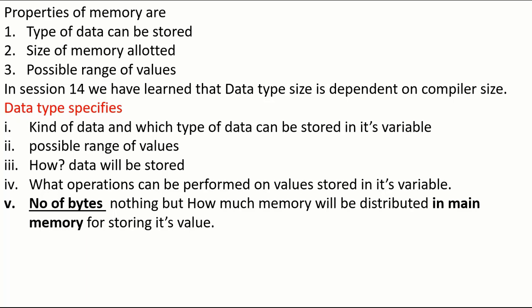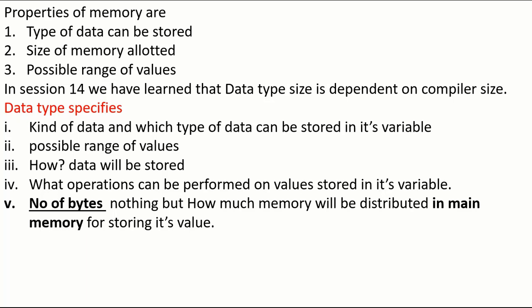So if we compare properties of memory with what data type specifies, then we will find common points: type of data can be stored, how much memory will be allotted to store that value, and what are the possible range of values to store for that particular data type value.